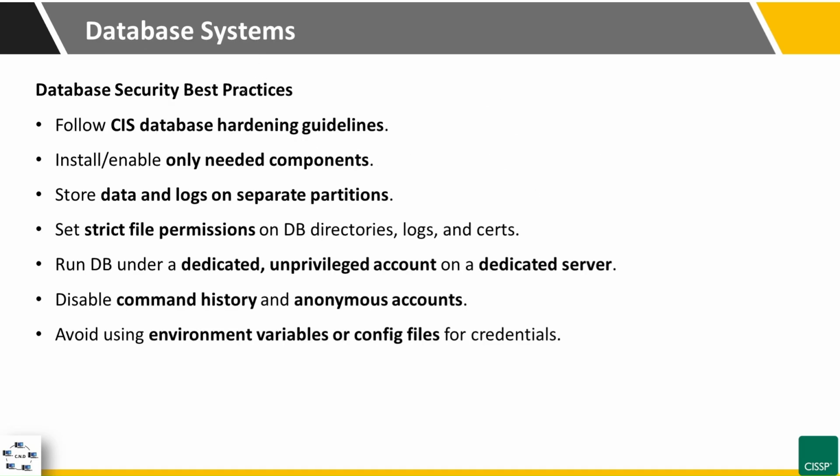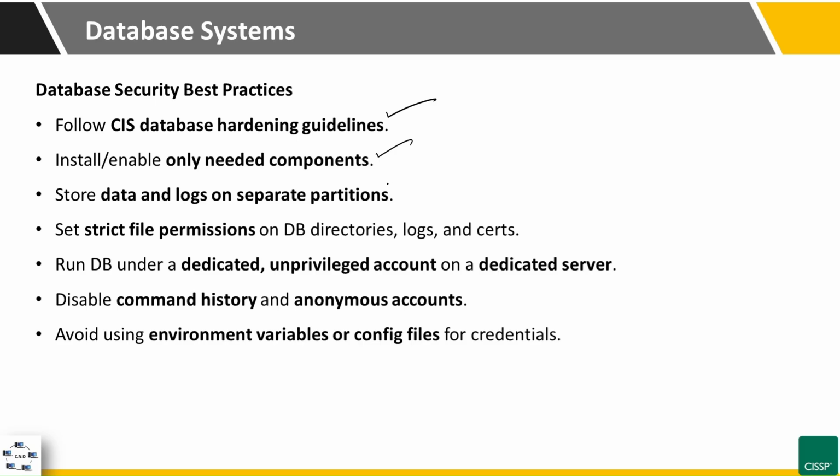These are some of the best practices for database security. Follow CIS database hardening guidelines, and install and enable only needed components. As we studied, this is also known as minimizing the attack surface. The fewer services or open ports you have, the smaller the attack surface and the fewer threats to the system.